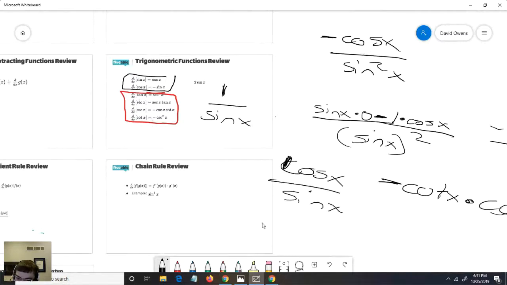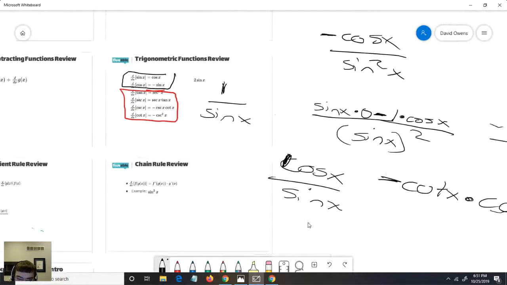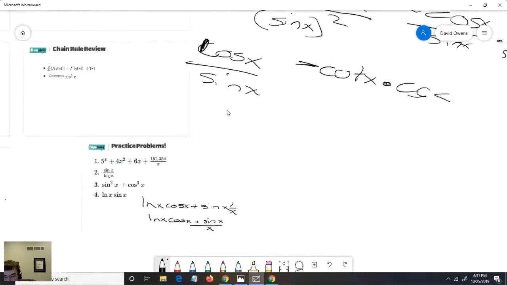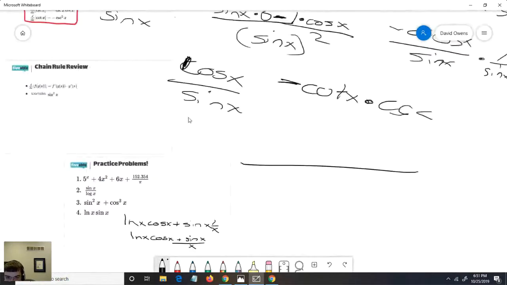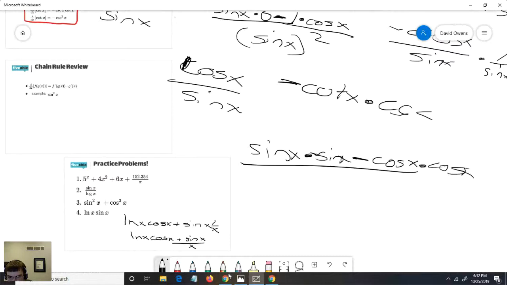And this will kind of be the opposite of our tangent derivative, but just to figure this out, we have the bottom times the derivative of the top minus the top times the derivative of the bottom, all over that bottom squared.